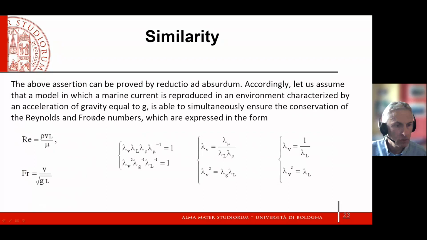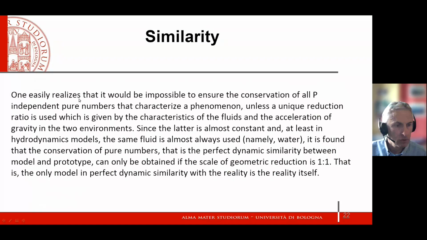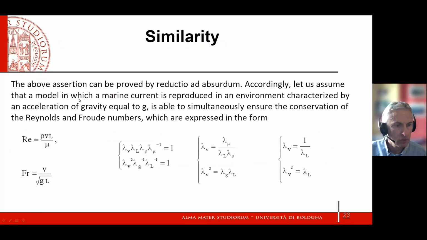Okay. Now, so let me just go to this, for instance. I am skipping this slide and I come to it later. Let me refer to the Reynolds number and the Froude number, okay? The Reynolds number and the Froude number are given by these two expressions that you see on the left. And for the Reynolds number, the lambda Reynolds is 1 because it's a pure number. The unit doesn't change, and the same for the Froude number. So let me pass from the two relationships on the left to the system of relationships in the second column.